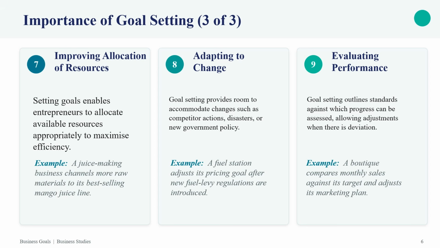If you set your goals, you know which resources are needed in a specific department or place, and which department wants those resources more compared to the other department. A good example is a juice making business that channels more raw materials to its best selling mango juice line. Okay, so if you know mango is what sells a lot, it will take more raw materials to mango rather than other juices.